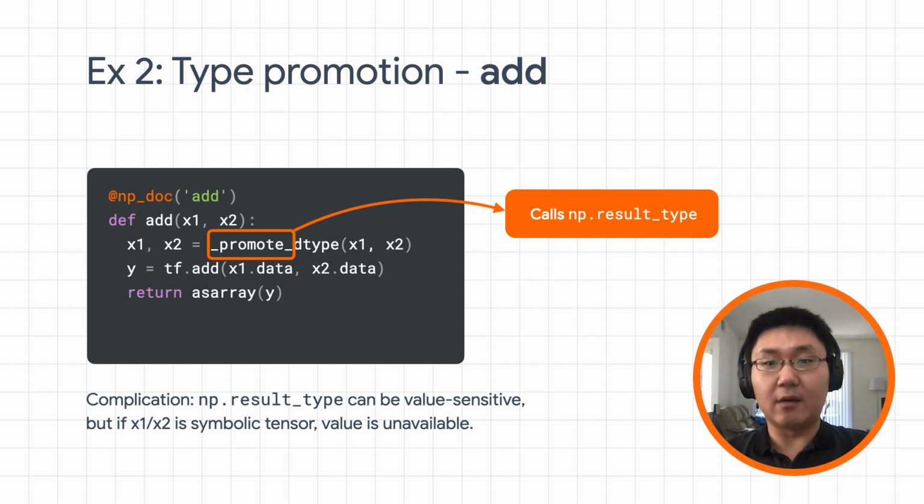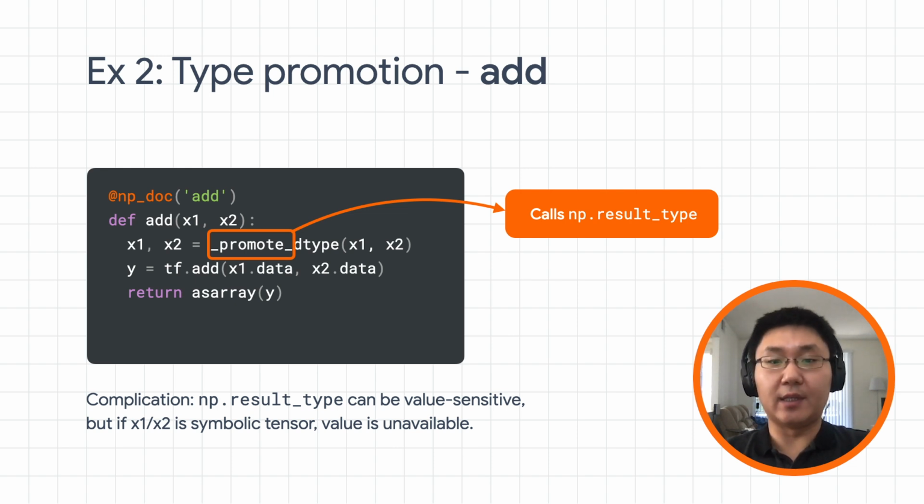That is fine in eager mode, but we also support graph mode, the usage within tf.function. And in that case, x1 and x2 may be symbolic tensors, so the value is unavailable. So in that case, we really can't do anything.